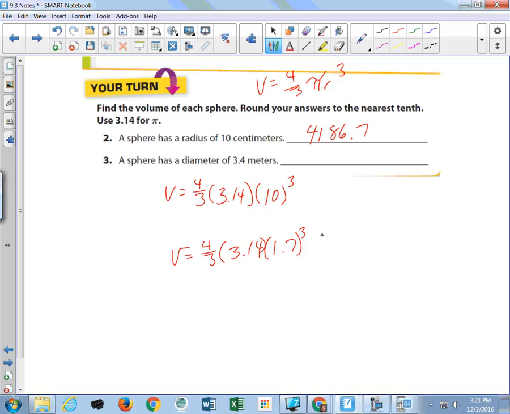Type it into the calculator: 4 divided by 3 times 3.14 times 1.7, little rooftop thing, 3, and then enter. You should get 20.6 after you round. The 5, 6 rounds to 6. And this is centimeters cubed.